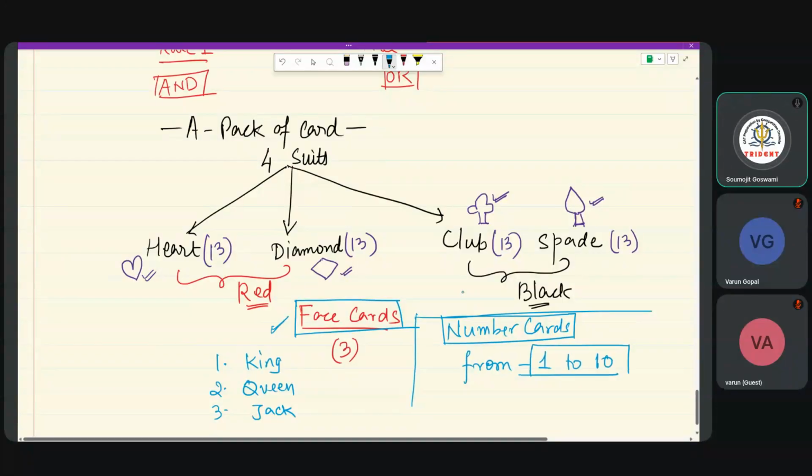You remember the ace of heart. What is the ace of heart? The one number is the ace of heart. One is always called the ace card.